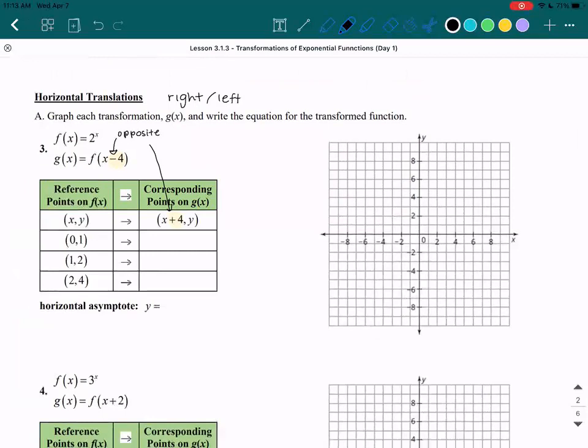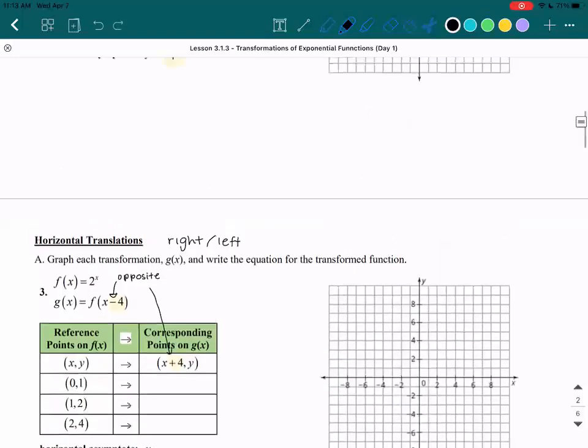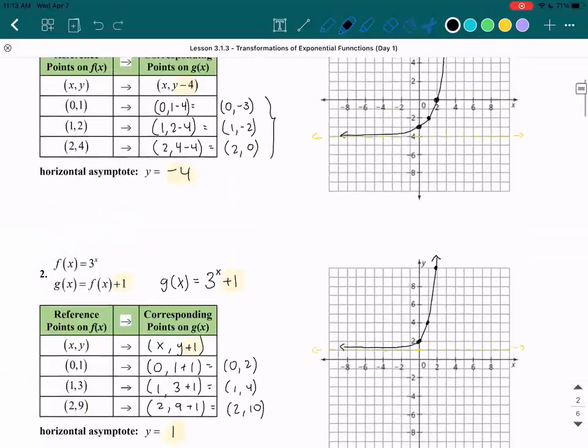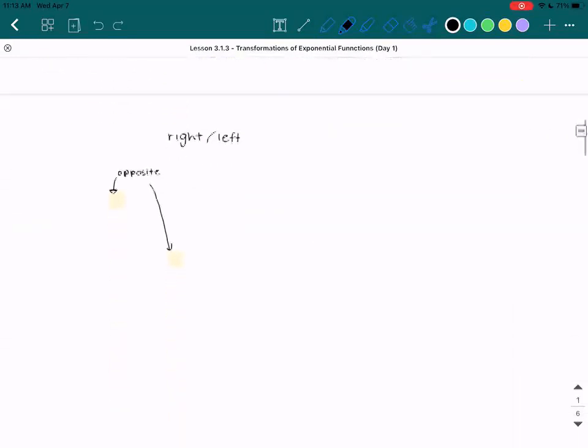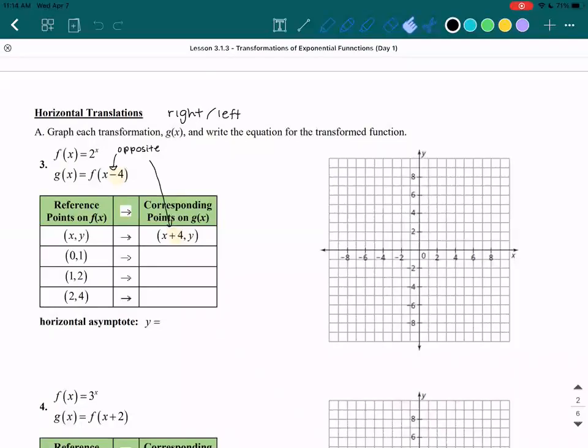Okay, and then another thing I want to point out is that this happens inside the argument versus for vertical translations, this happens outside the parentheses, outside of the argument. So when you have horizontal translations, it happens inside the argument.